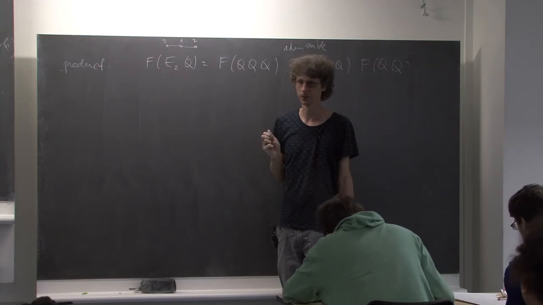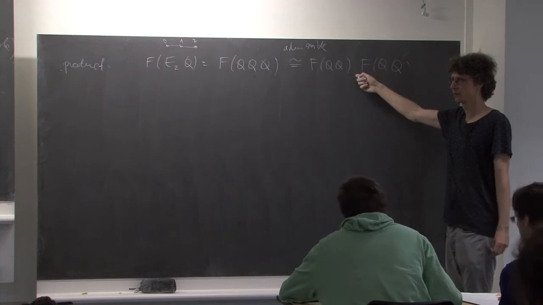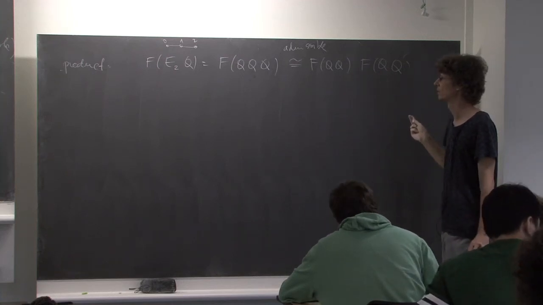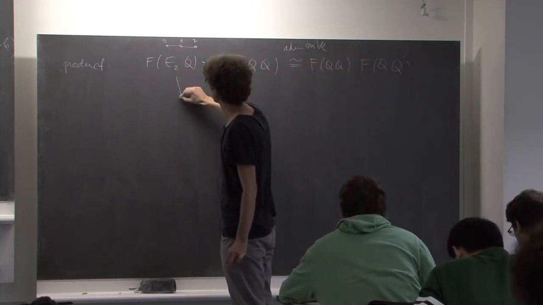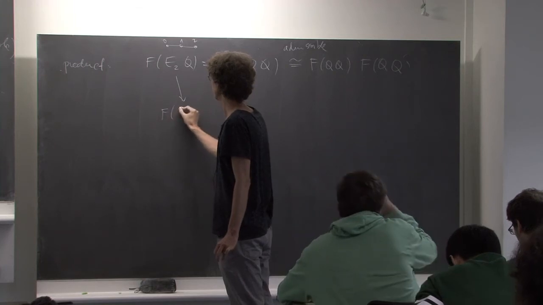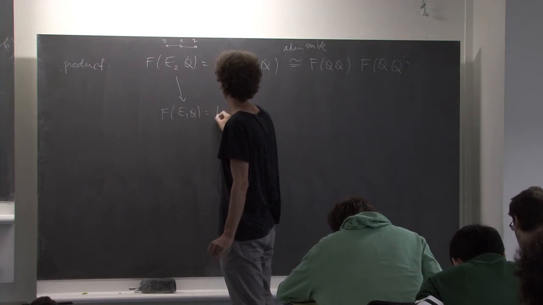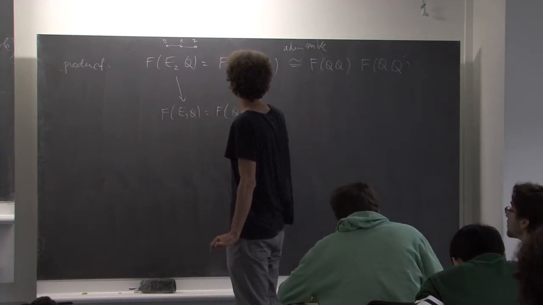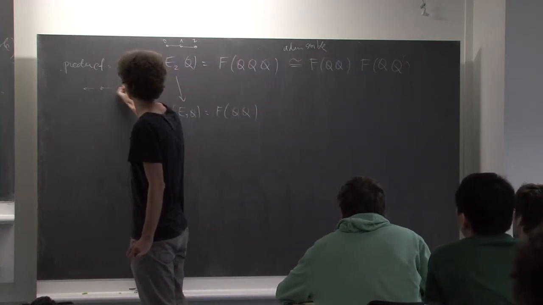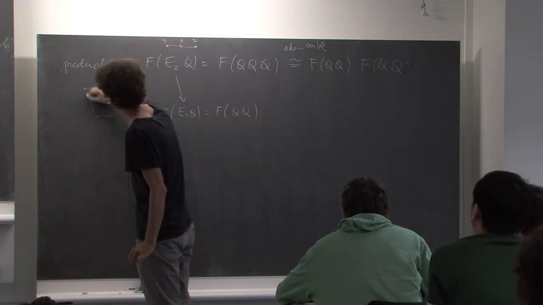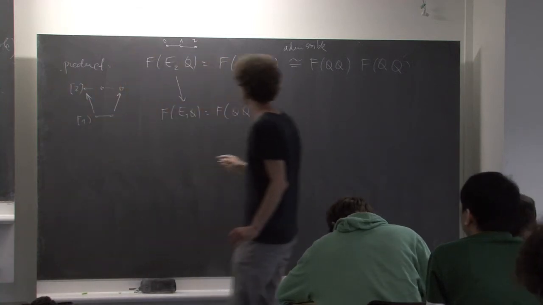So in the theorem, okay. So it's like this, and now from here we can go to E1Q, so it's just FQQ. And how do we get there? This is what corresponds to that picture, right? So we have that thing, and then we take this map going from 1 to 2.